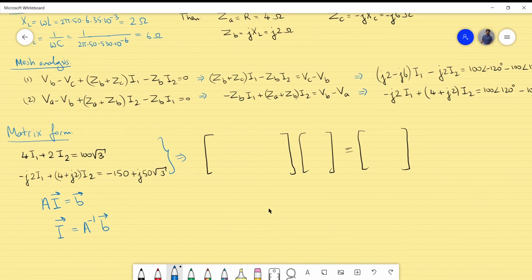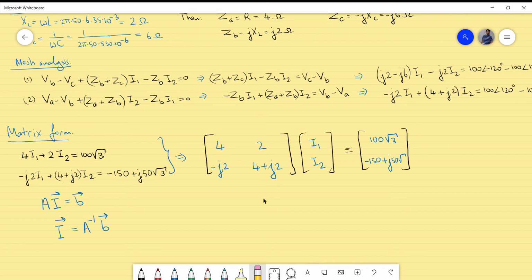So let's fill in the values. I have the 4 here and a 2 there. So I will have the following: 4 and 2, and this will be minus j2, and this will be 4 plus j2. This will be I1, this will be I2, that's the vector I. This will be 100 square root of 3, and this will be minus 150 plus j50 square root of 3.